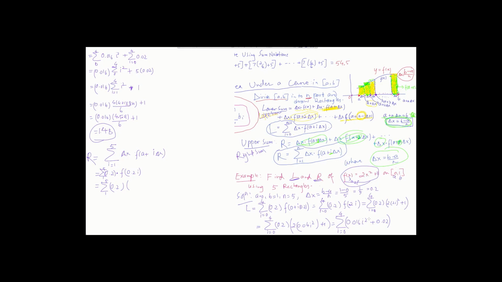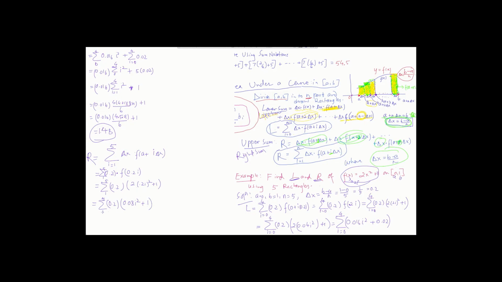What do we get here ultimately? Basically, you can plug in here this thing, 2 times 0.2i squared plus 1. You see that? And then summation 1 through 5, 0.2 times, this will be 0.08i squared plus 1. Okay, that's what you get.